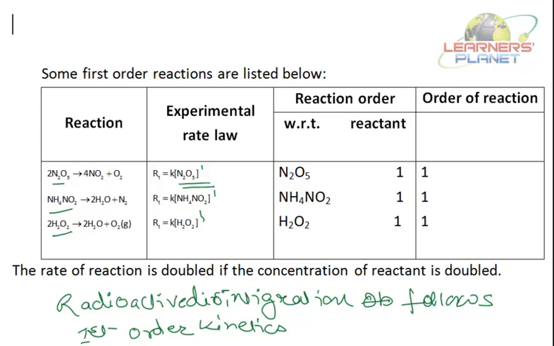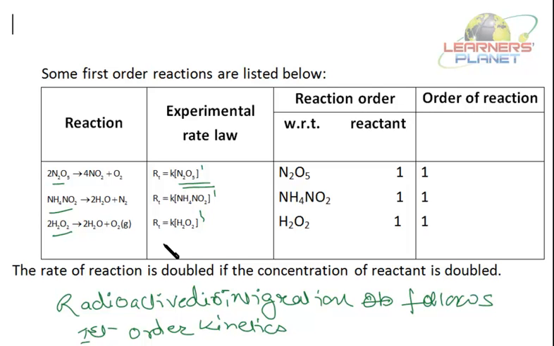So all the radioactive disintegrations, what do they do? They follow first order kinetics. That is, the rate of reaction is directly proportional to the concentration of one reacting species. The rate will be doubled if the concentration of the reacting species is doubled.